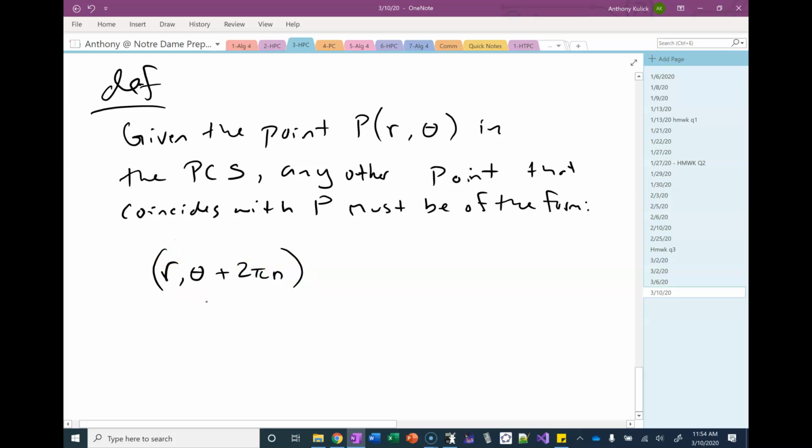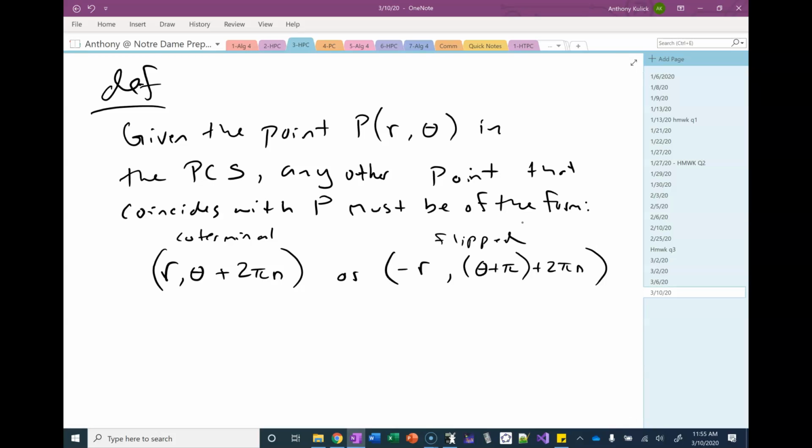So one of them is the coterminal points, where the angles are coterminal. And the other way is where we look at going to the other end of the line directly, right?